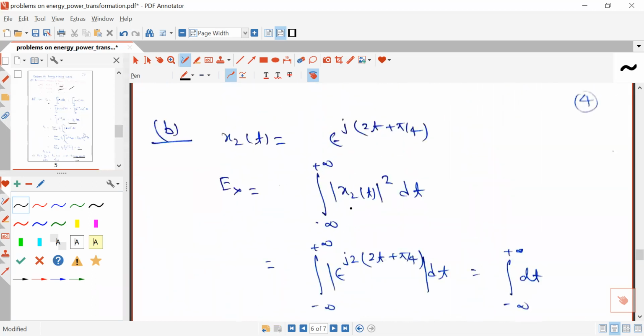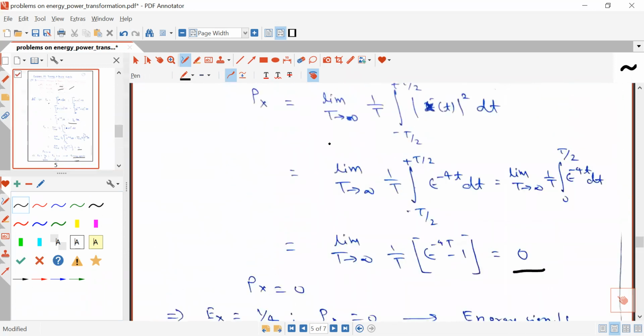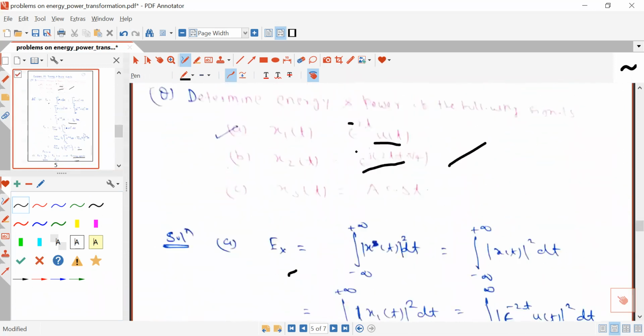Similarly, there is a third example also here. x3(t), this is the third signal, which is A cos t. In the previous video, I discussed that a periodic signal cannot be an energy signal because its range is from minus infinity to plus infinity, so a definite value of energy is not possible for a periodic signal.